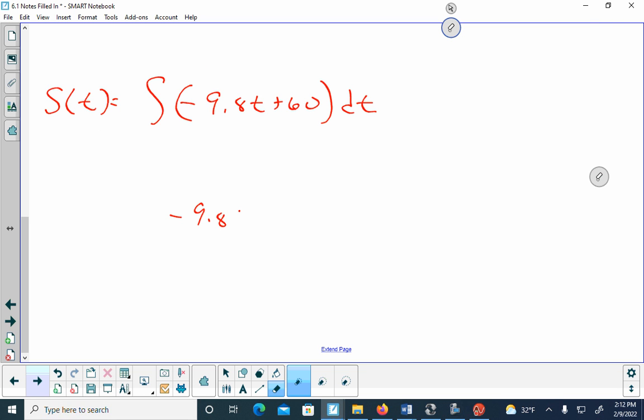The new exponent on t is going to be 2, which means I'm going to have to divide this by 2, yes? Plus 60t plus c, and that's going to be my position function. So cleaning that up a little bit.